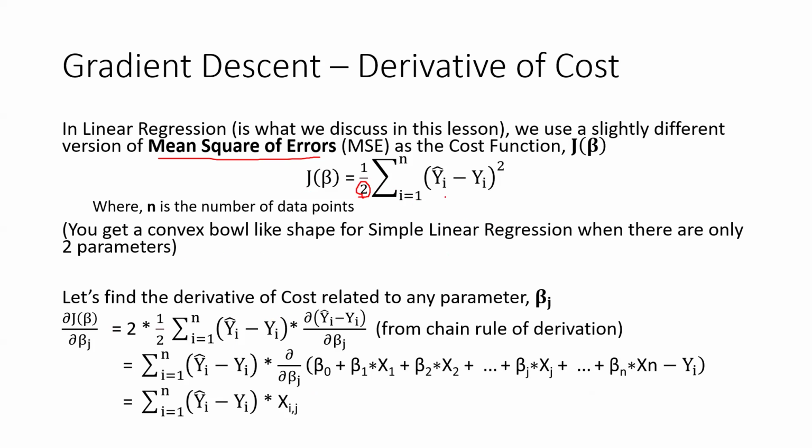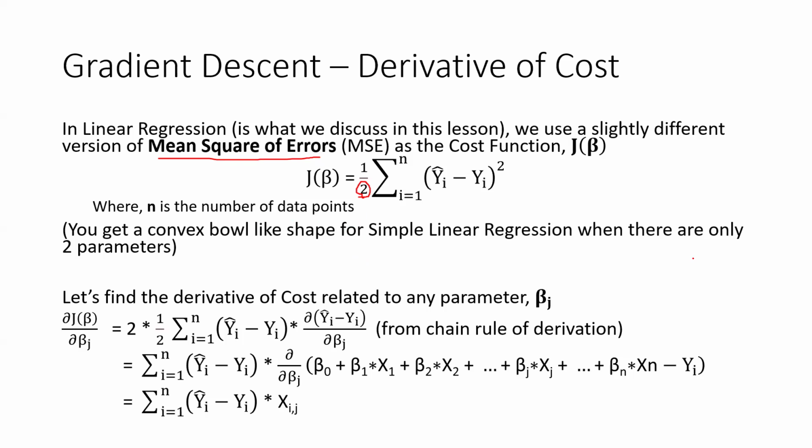This is the cost function. The cost function is the total error that you get for each iteration. Because this cost function curve has a bowl-like shape, you can get only a single optimum value, not multiple values.